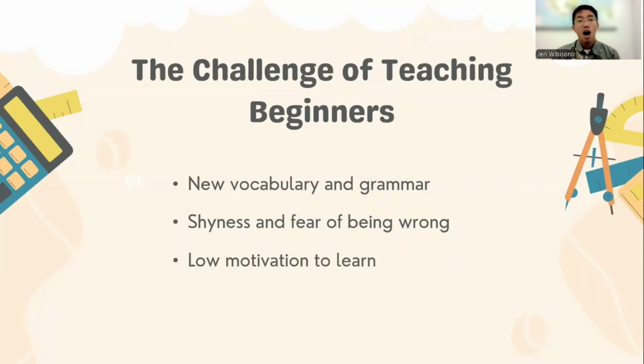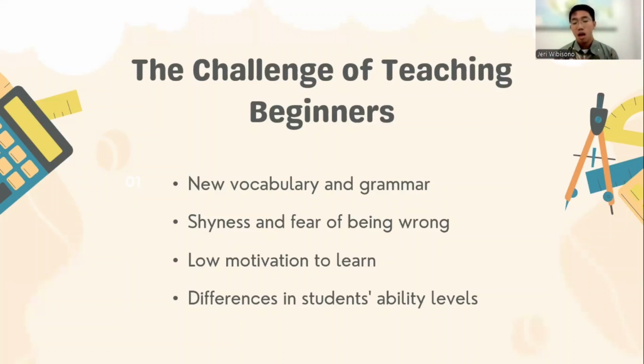The third, low motivation to learn. If the learning process feels too difficult or boring, students might quickly lose interest. Next, differences in students' ability levels. In a classroom, students learn at different speeds, and they have different levels of exposure to English.